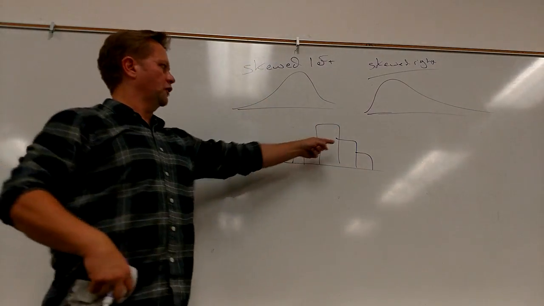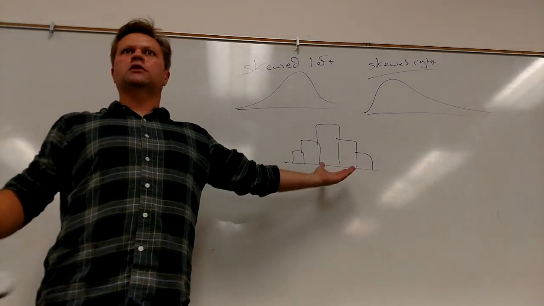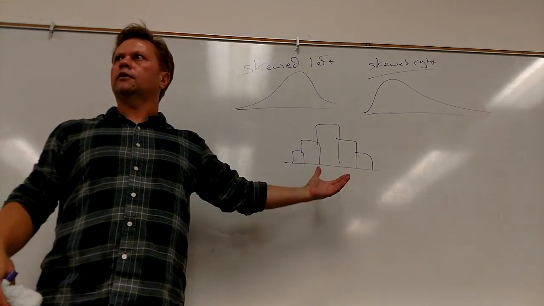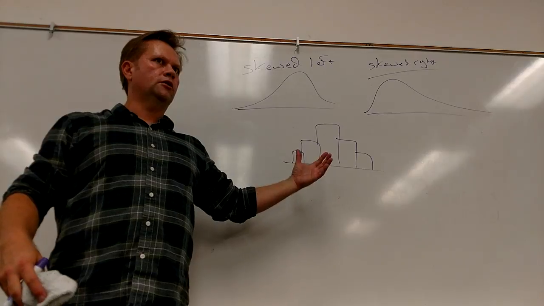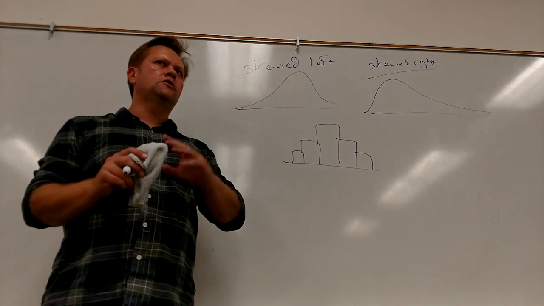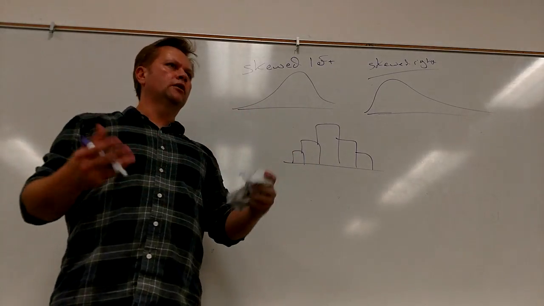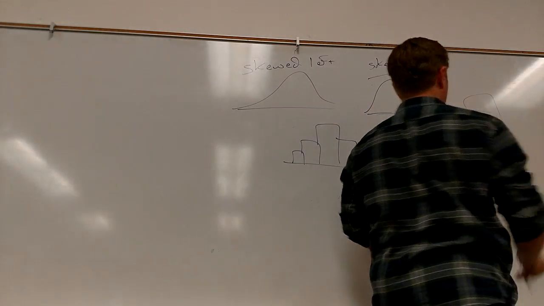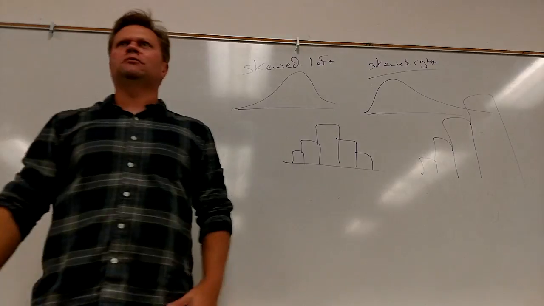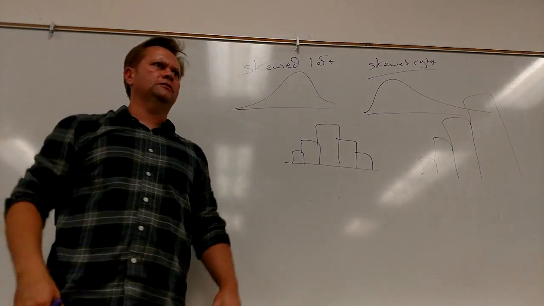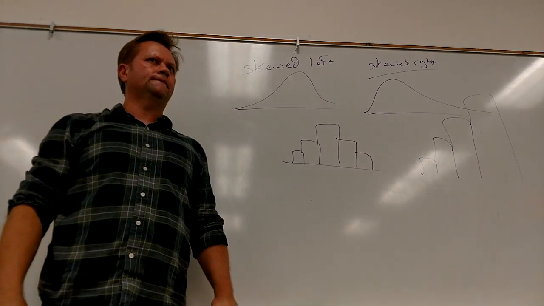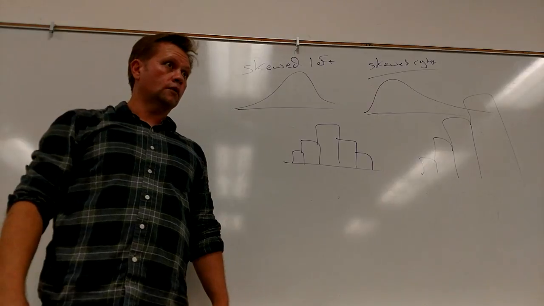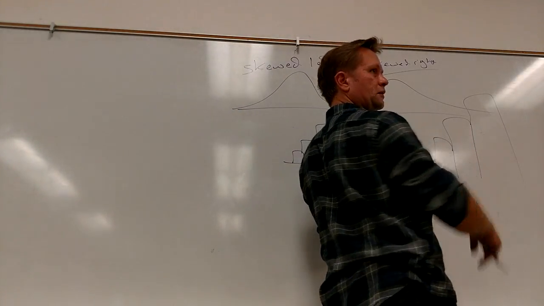Sure, it's not perfect, but this is definitely close enough to symmetric to say that's symmetric. I like it. You guys with me? A little bit? Doesn't have to be perfect. You could say it's close enough to symmetric, or it's definitely closer than this. Is that symmetric? No. It doesn't come back down, so screw it. I like it. So, what would that be? Yeah, what would this be?